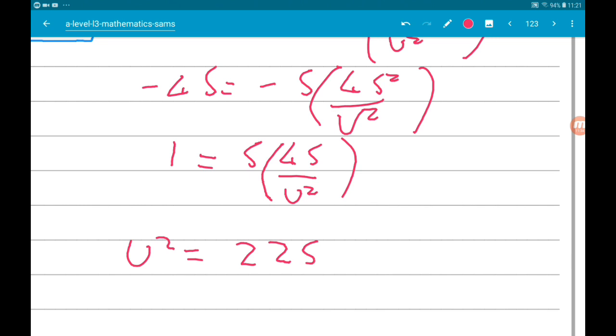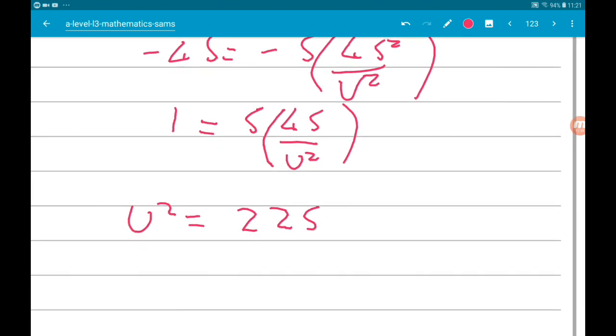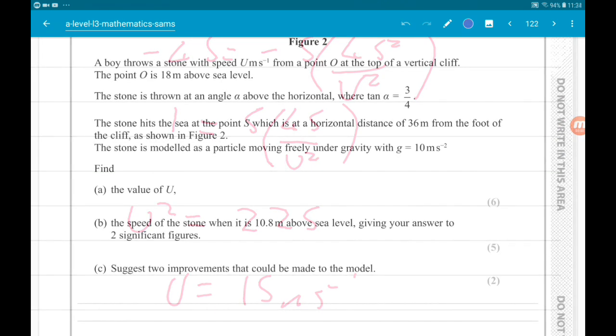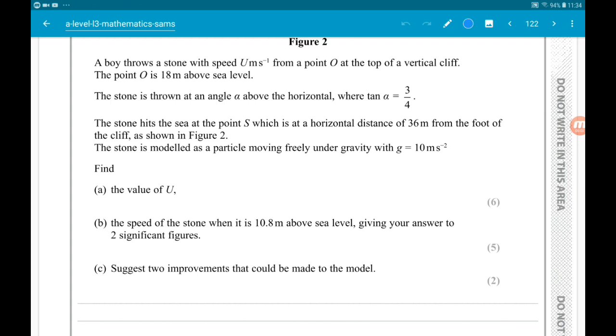So we actually get a nice answer. U is 15 meters per second. Okay then, part B wants us to find the speed of the stone when it is 10.8 meters above sea level, giving your answer to 2 sig figs.